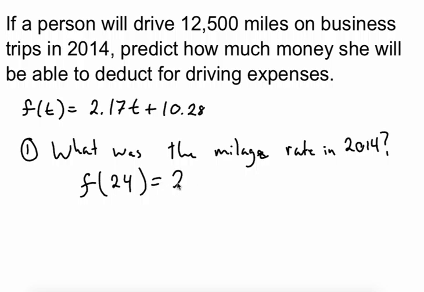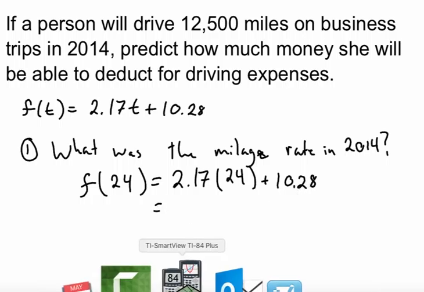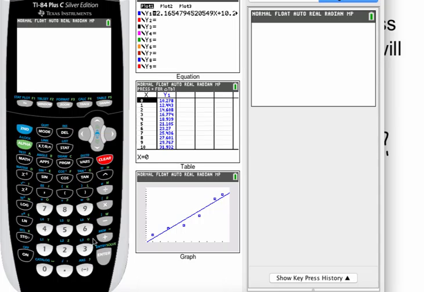All right, so now 2.17 times 24 plus 10.28. Now I need to go to my calculator and just work that out. 2.17 times, excuse me, not 14, 24, plus 10.28.